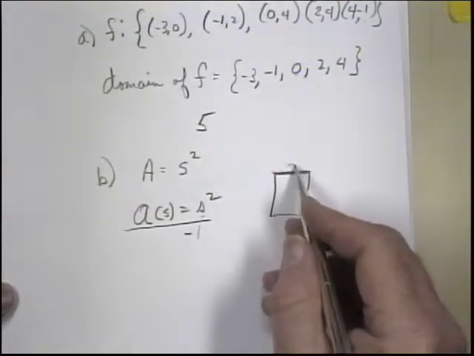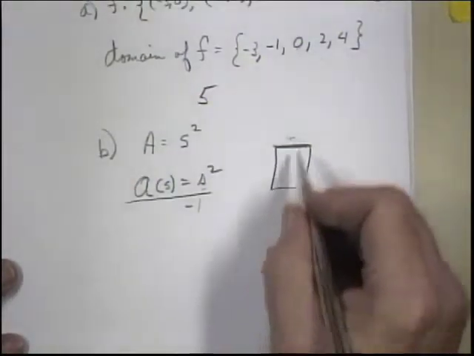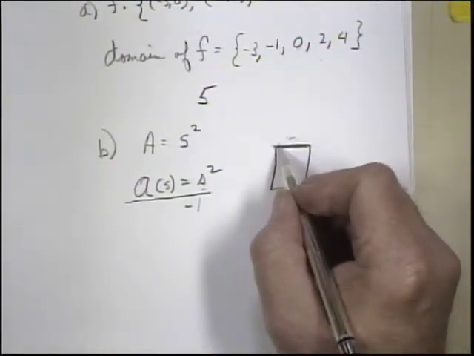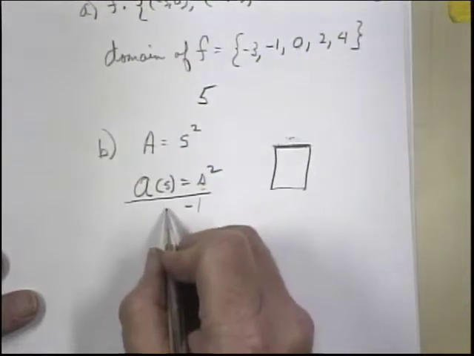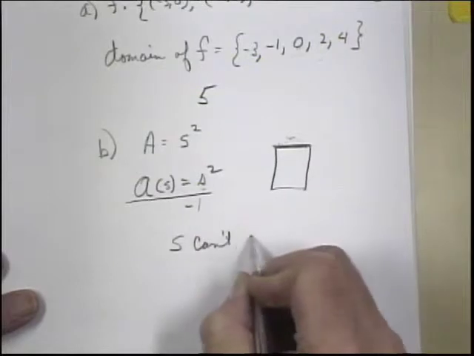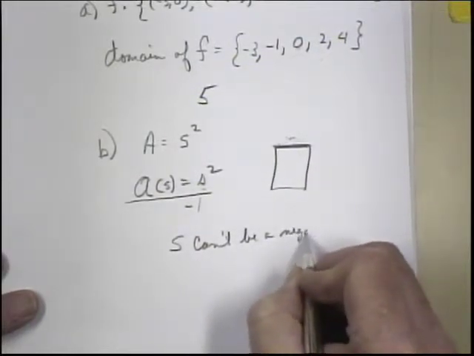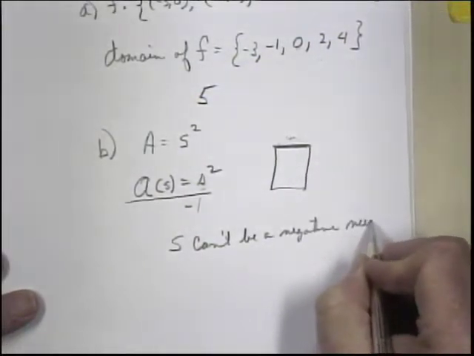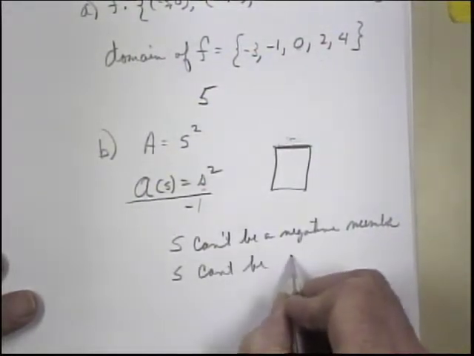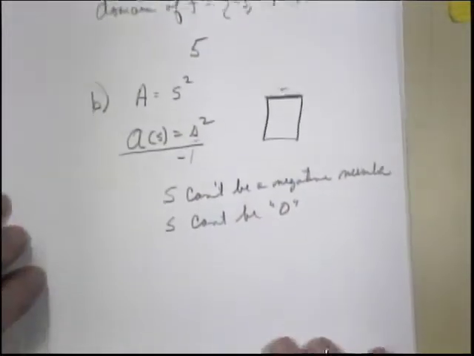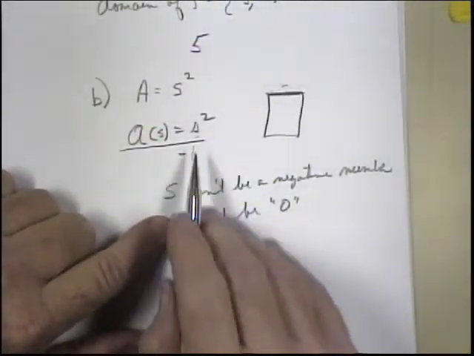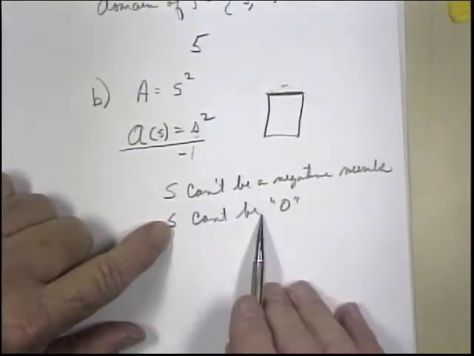Could you have a 0? Well, if this distance was 0, you wouldn't have a square. So s can't be 0. s can't be a negative number, and s can't be 0. So the domain of s can be any positive number.